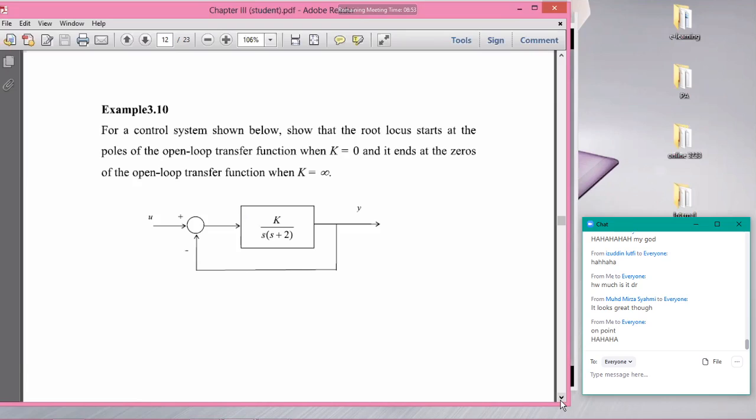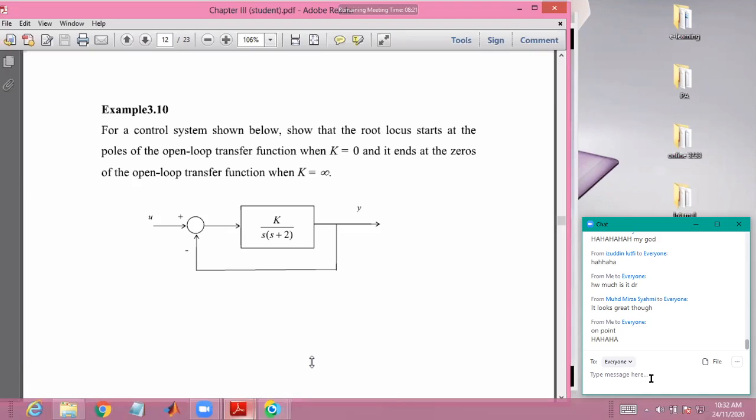All right, so let's do this. For a control system shown below, show that the roots start at the poles of the open loop transfer function and end at the zeros of the open loop transfer function. The diagram is wrong.